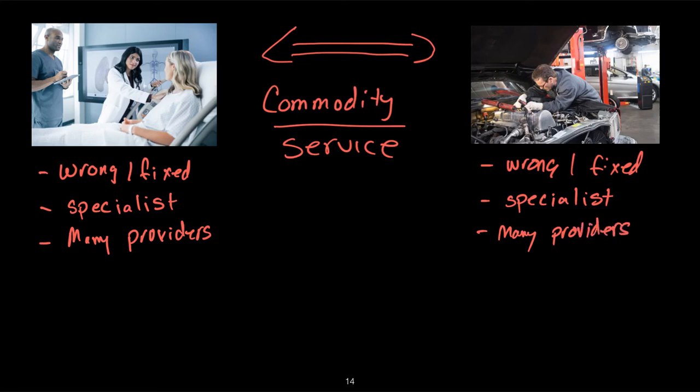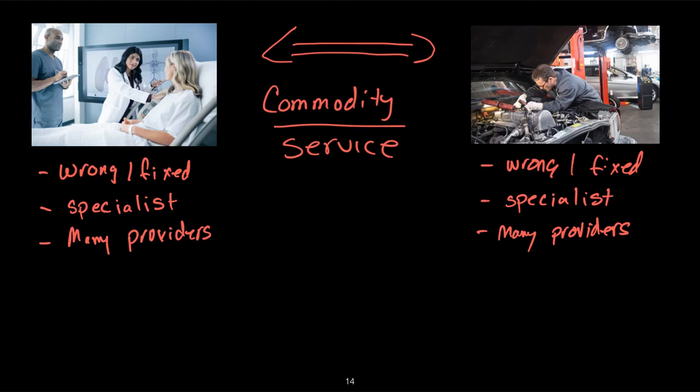So it seems that these two things have a lot of similarities. They're both individuals that we go to when there's some sort of problem or something we need fixing. They're both specialists in what they do. There are many different choices to go. I can go to Monroe to fix my car, or Firestone, or some independent garage and have them do the work.